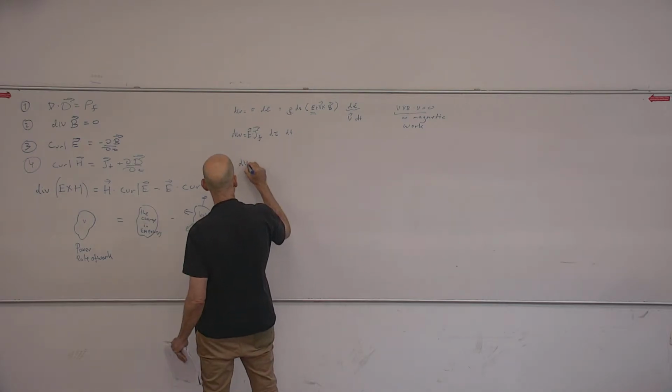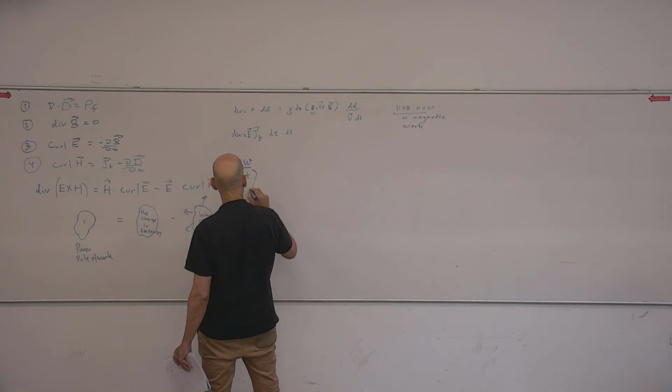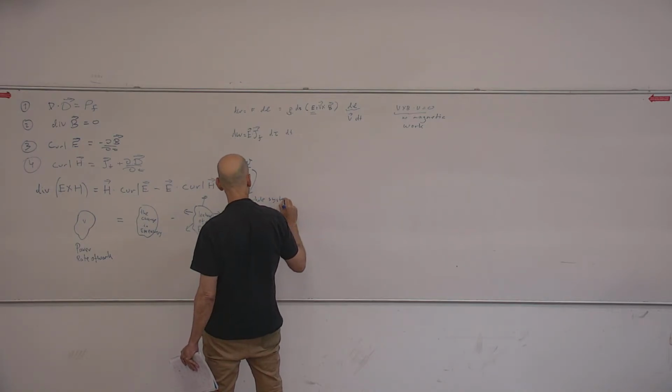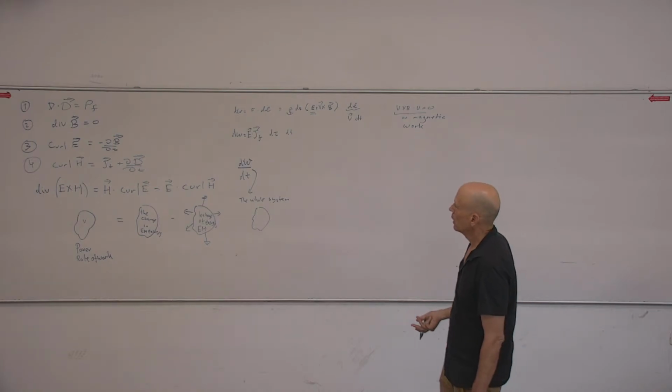What is dW dt? Now it's capital W. This is small w. This is the whole work, the whole system. So I have a lot of elements, and this is my material, the material itself in which currents and things are flowing.